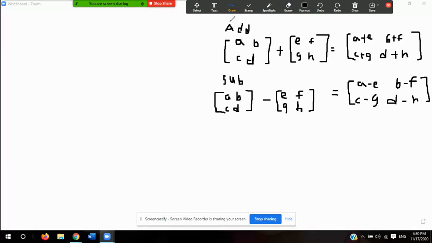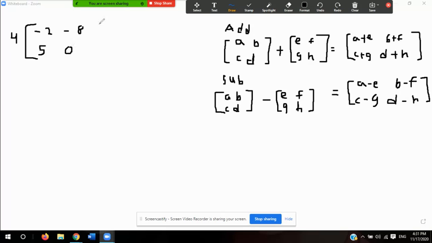So the last example says 4 times, and we have our matrix, negative 2, negative 8, 5, 0.